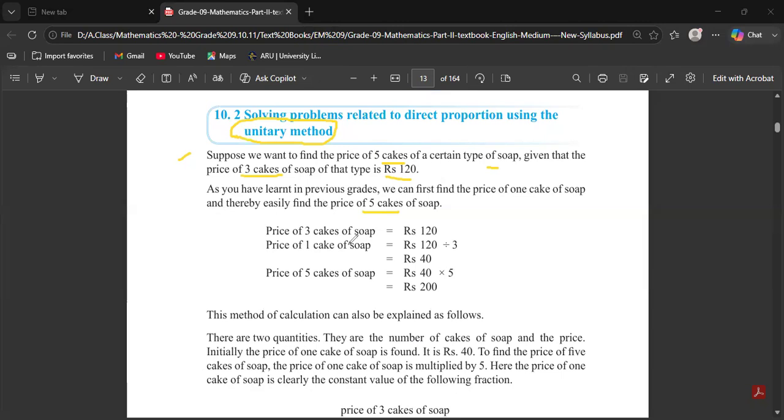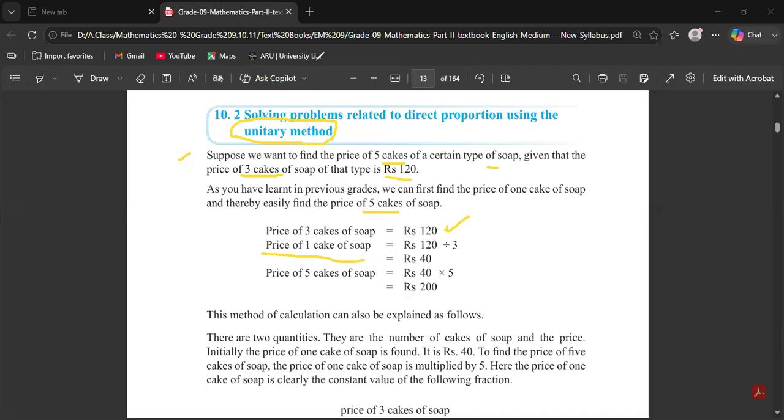So, the price of 3 cakes of soap is 120. This is given data, no? They gave us that the price of 3 cakes is 120. So, what to do? Always you have to find the price of one item. That is the theory behind this unitary method.